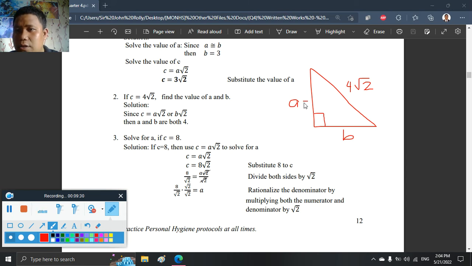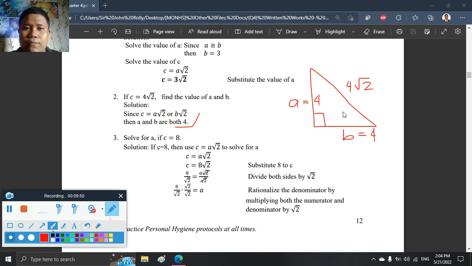A equals 4, B equals 4. So, dali ra kayo, no? So, the answer is 4. A equals 4, B equals 4.